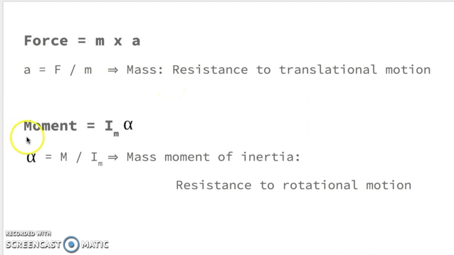Analogously, if we look at rotational motion, moment is equal to some formula which is analogous to the mass here, times angular acceleration. So when we solve for angular acceleration, we see that this value is inversely proportional to the angular acceleration. And so this value, we call it mass moment of inertia, which causes resistance to rotational motion. So mass moment of inertia is the rotational analogue to mass.